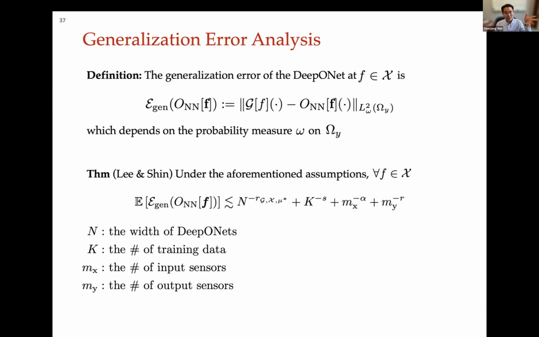So that corresponds to this part. And K is the number of the data we use, and MX is the number of input sensor points. These two are related to how we define our input function space and whether it satisfies the graph-norm relation. So two are involved.